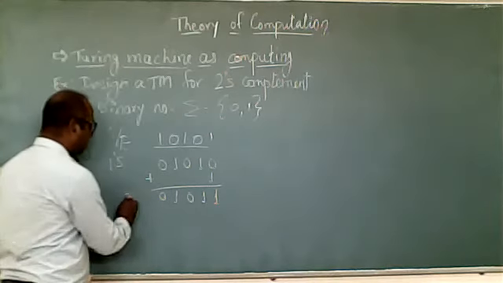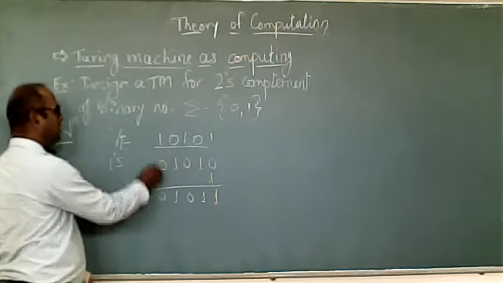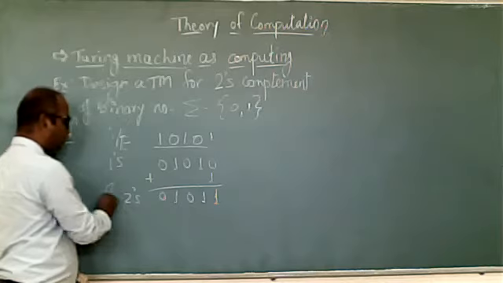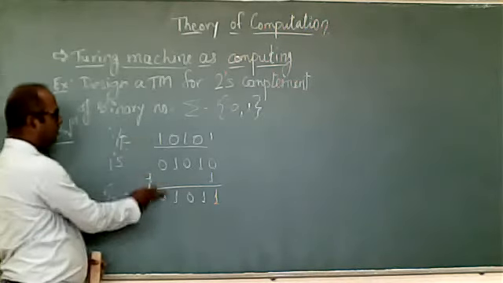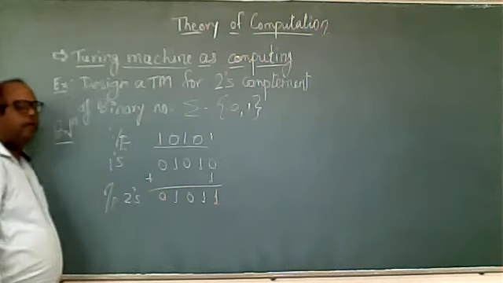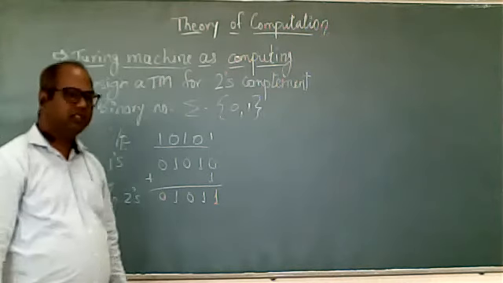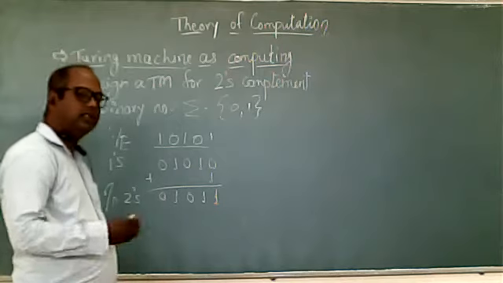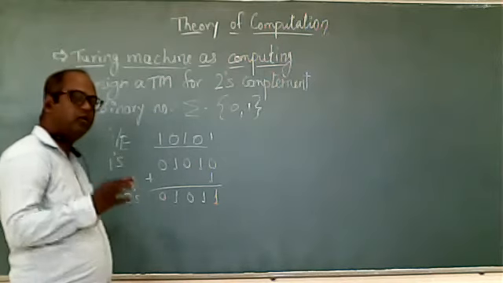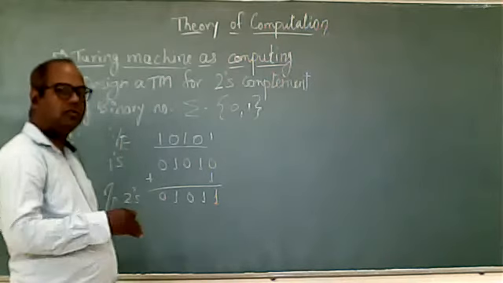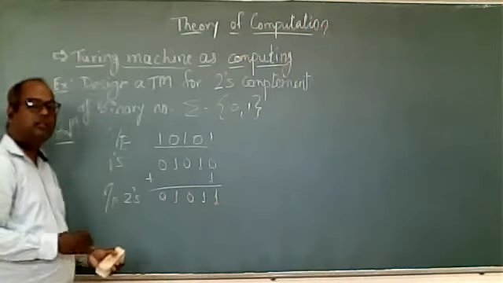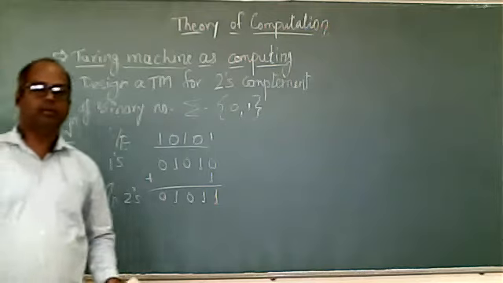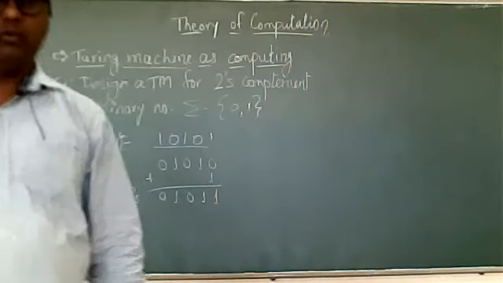This is your input, this is your output. Now here in the Turing machine, we cannot perform the addition operation. So we have to implement this addition in some logic, and that logic we have to implement.